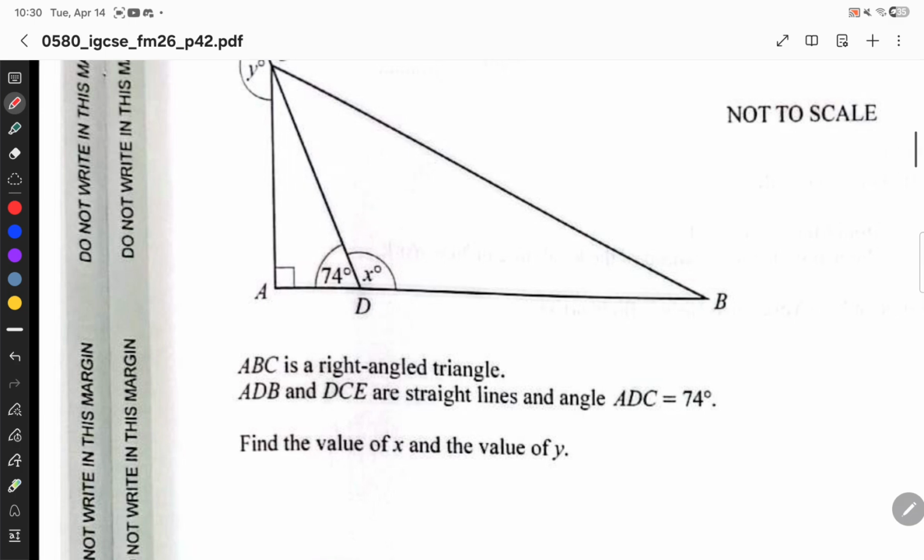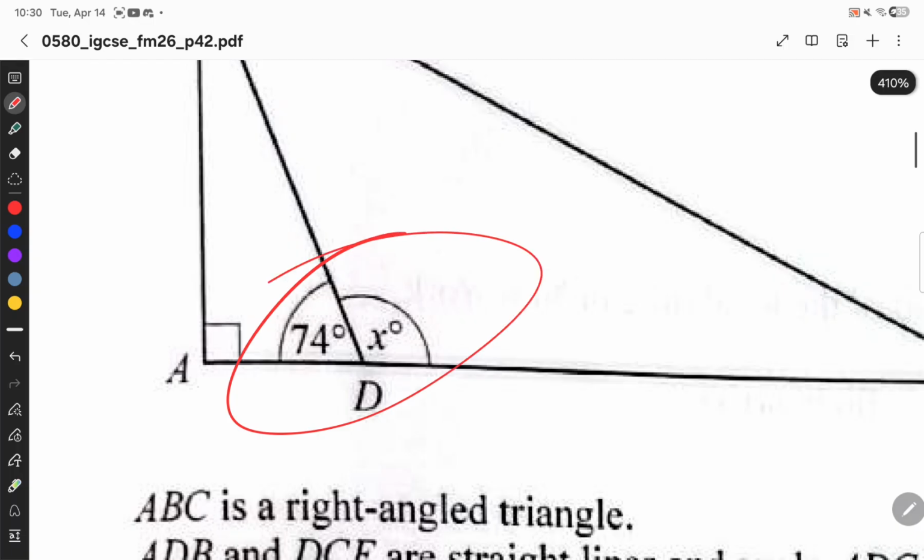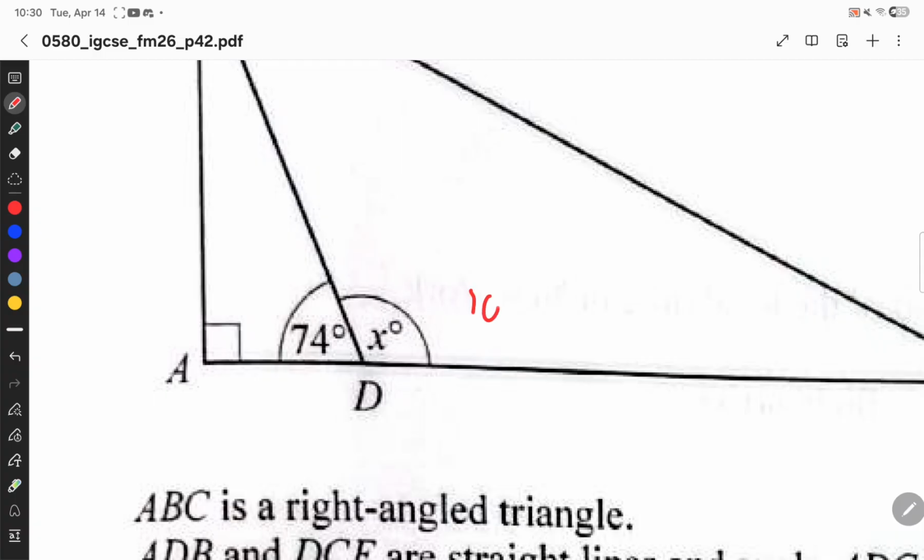ABC is a right angle triangle. Find the value of x and the value of y. X can be just 180 something. Now this is a calculator paper, so I do not have to do the working on screen.